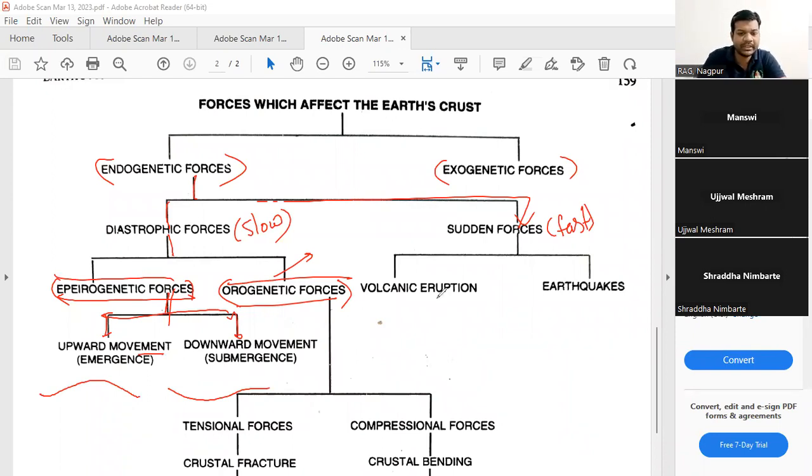The orogenic movement has tensional forces and compressional forces.